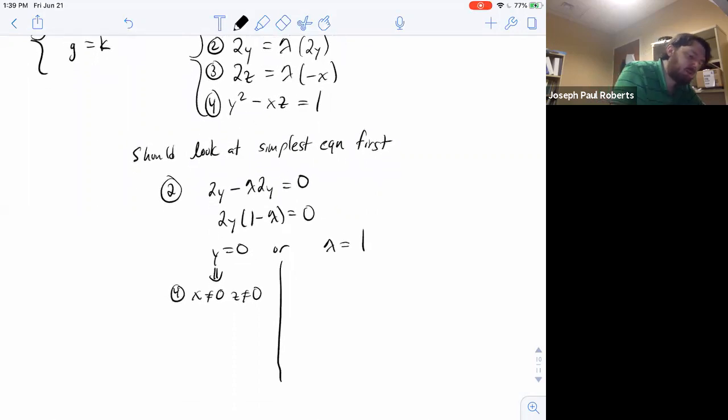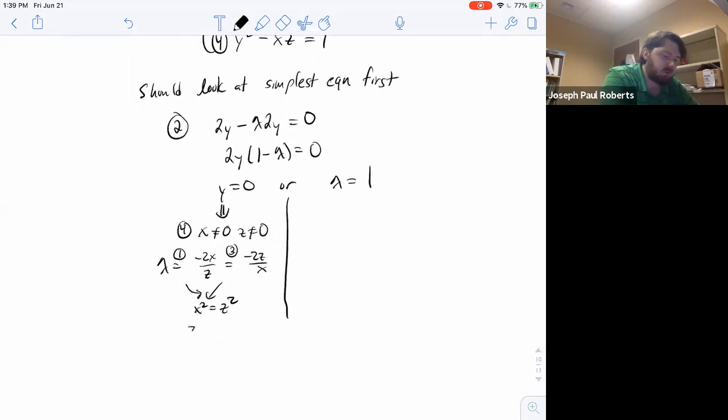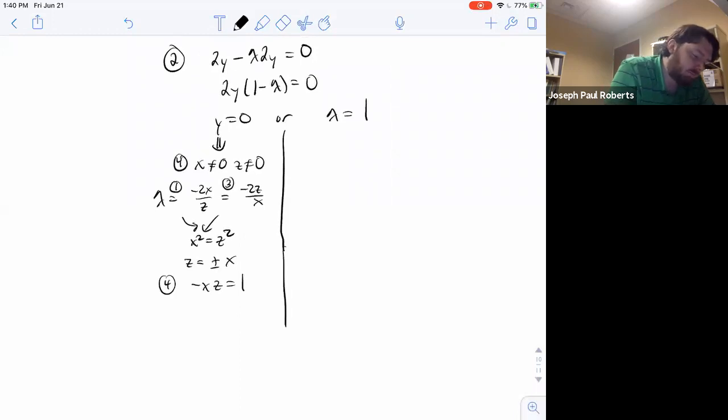At that stage, lambda from equation 1 is negative 2x over z, and from equation 3 is negative 2z over x, which together tell you that x squared is z squared. So z is plus or minus x. Equation 4, since y is 0, reads that minus xz is 1. So essentially, z has to be minus x, because if x and z had the same sign, that wouldn't work out. And so you end up getting 1, 0, minus 1, and, I'm sorry, minus 1, 0, 1.